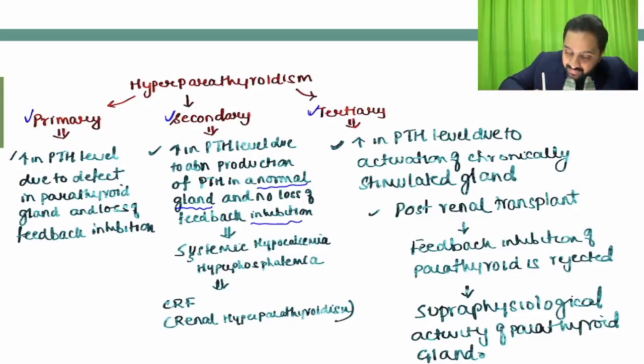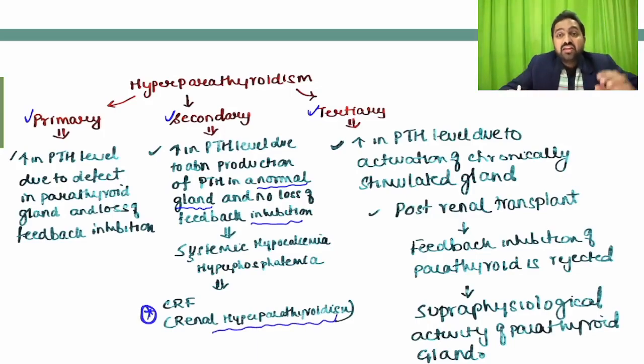So what happens is that there is a systemic hypocalcemia and hyperphosphatemia which causes a chronic renal failure. Hence, the secondary hyperparathyroidism is often called as renal hyperparathyroidism.